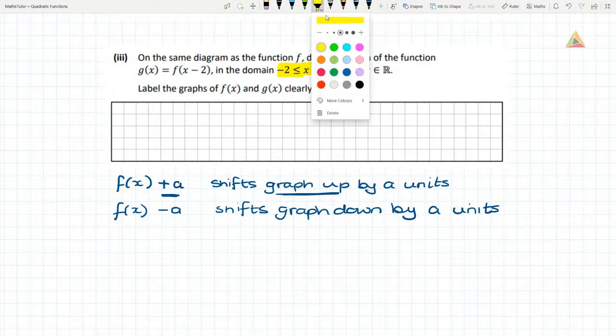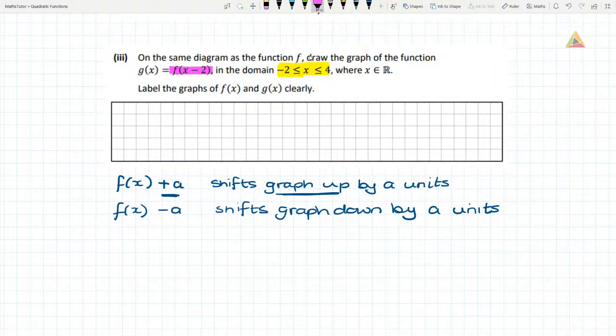So when I look at this one here, we see that we have f of x minus 2. So this time the minus 2 is inside the bracket. So it's a slightly different change. So if I have f of x plus a inside a bracket, or f of x minus a inside a bracket, this time we're going to be moving the graph left and right.